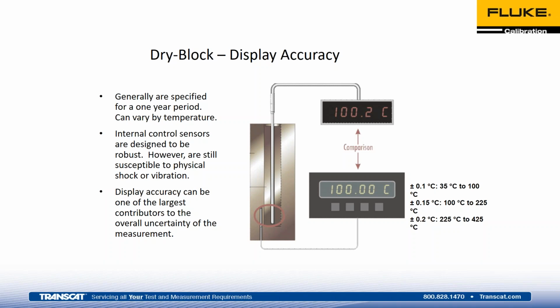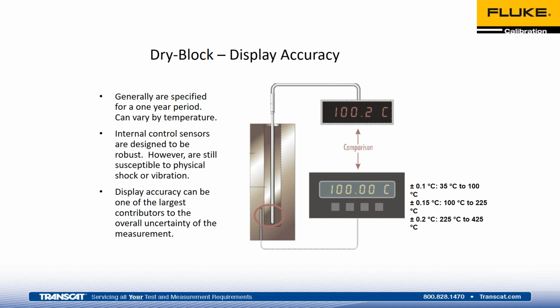So again, with the display accuracies, one thing to consider on my second bullet point is that with the units with removable inserts, the actual control sensors of the dry blocks are an RTD sensor. They're usually a 385 sensor, and they are a wound sensor, so they are susceptible to physical shock or vibration.